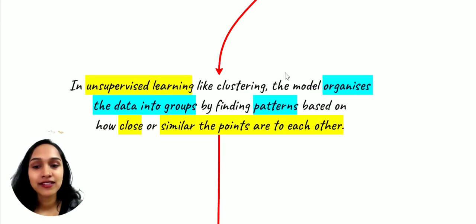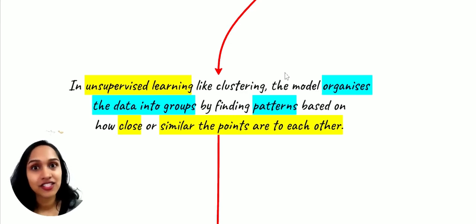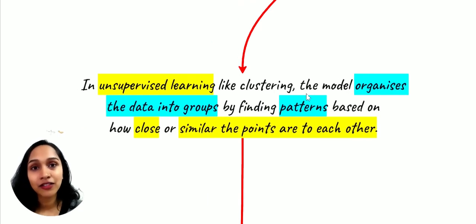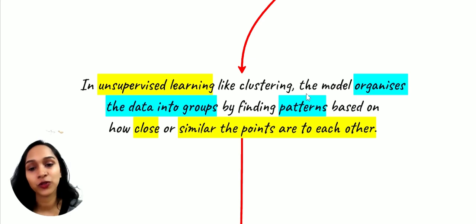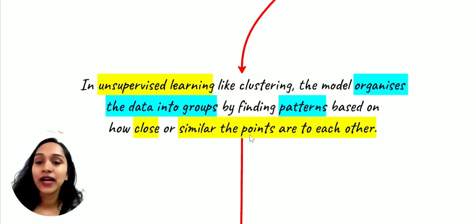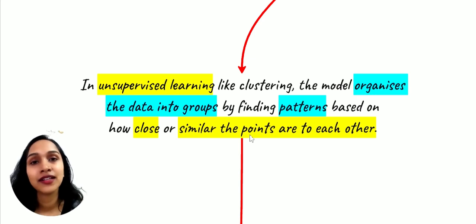In an unsupervised machine learning setting, like clustering, the model organizes the data into groups. Like our model organized the data into 4 different groups by finding the patterns based on how close or similar the points are to each other. When we implemented our example, the similarity was based on their spending score and the frequency of visit.